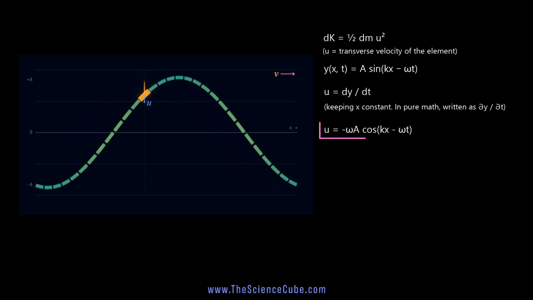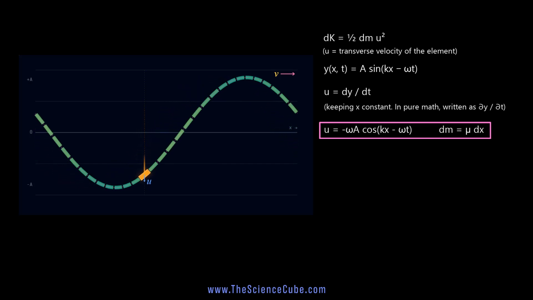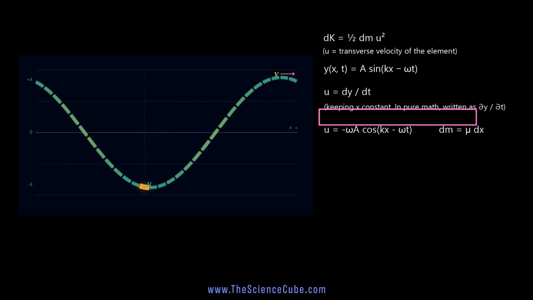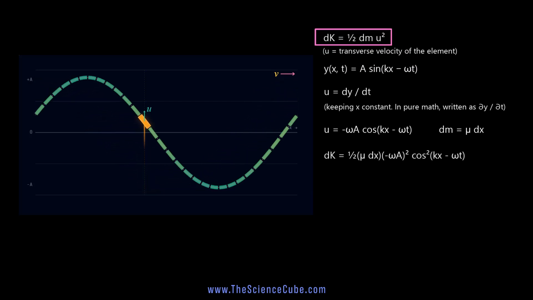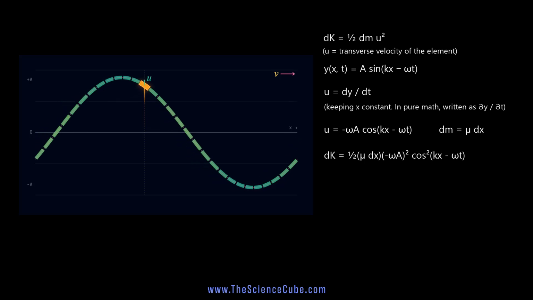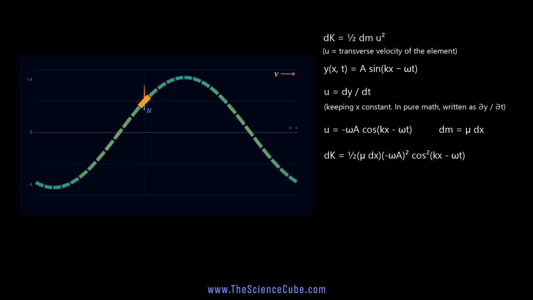Then using this relation and substituting dm = μ dx, we can rewrite our kinetic energy equation as dK = ½ μ dx ω² a² cos²(kx − ωt).